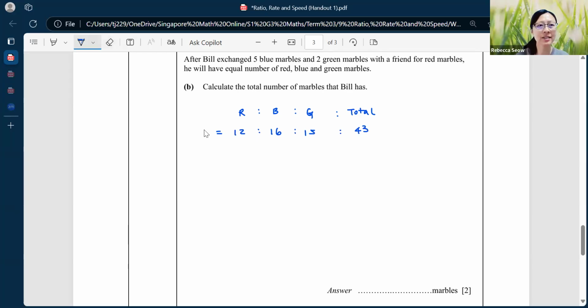Okay, now let's see what happens during the change. For blue marbles, it will be to remove 5 from it. And for green marbles, we are going to remove 2 from it. Okay, so you notice that there are 7 marbles being removed. And the 7 marbles are going to be put in here.